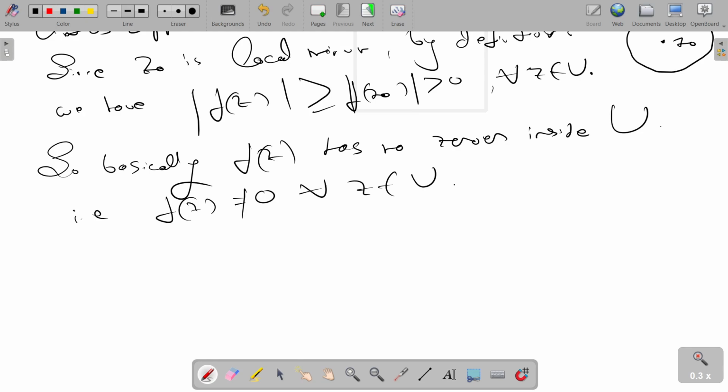We can apply the minimum modulus principle. Let me write it properly.